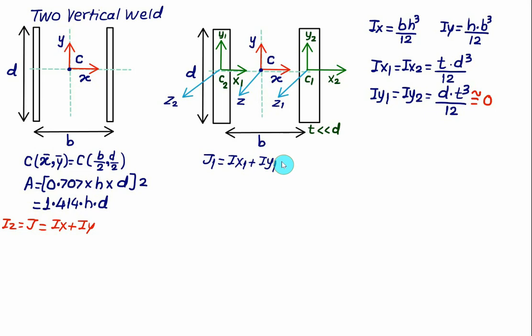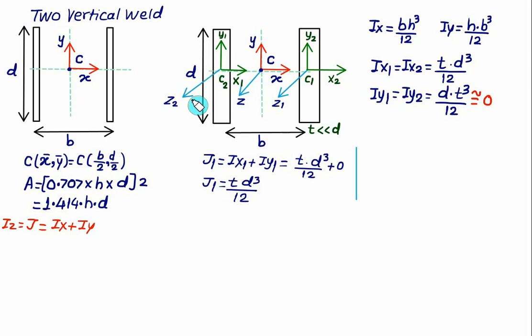Out of that, Ix1 is equal to T into D cube by 12 and Iy1 is equal to 0. It means that J1 is equal to T into D cube divided by 12.